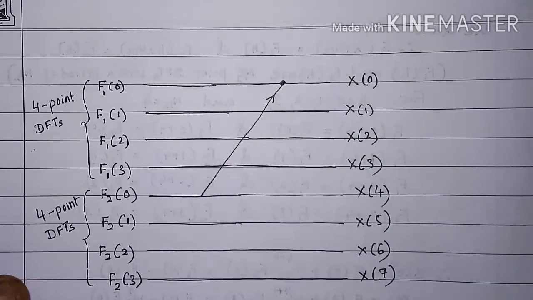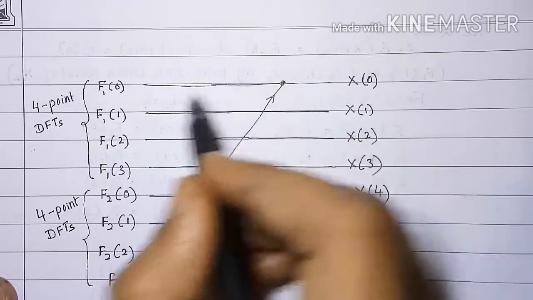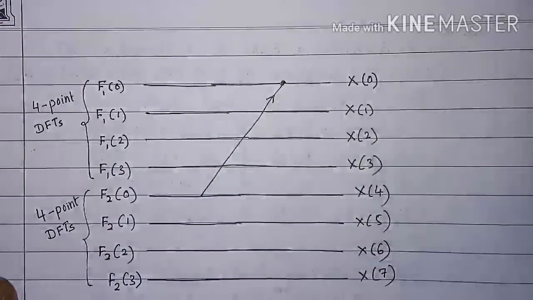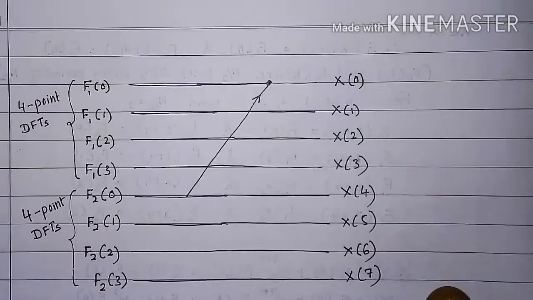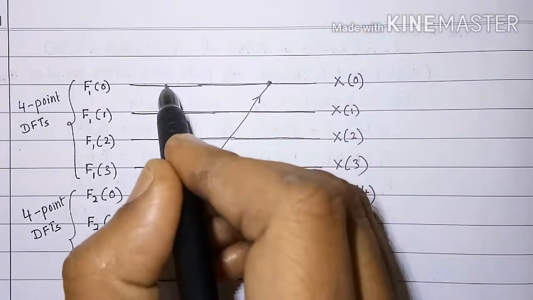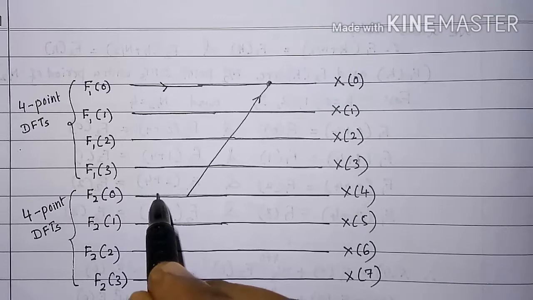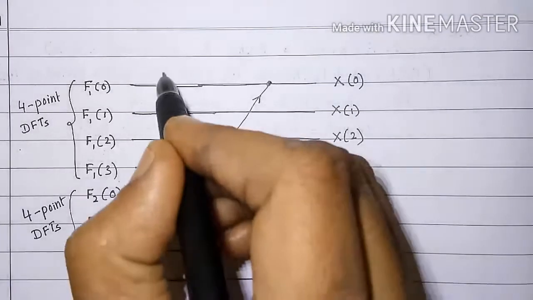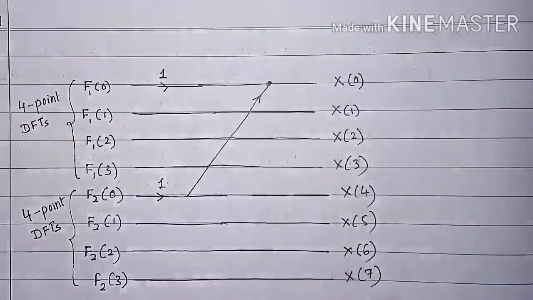This is summation point. Here I am adding f2 of 0 to f1 of 0. So I am going to get here x of 0. So here and here I will show 1 and 1.